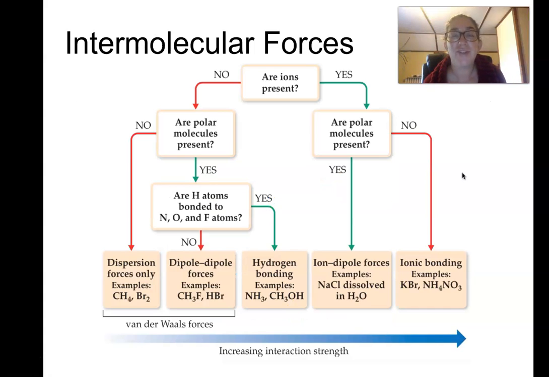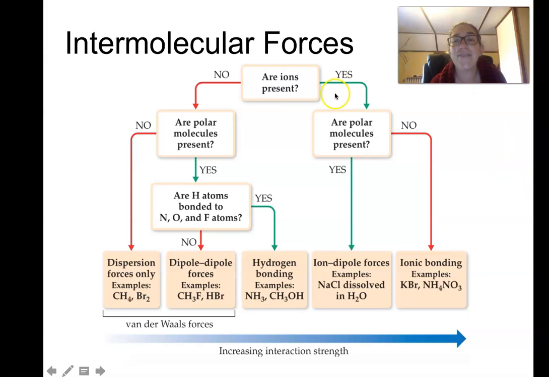So when you have a question and you're given a molecule and you're asked what types of intermolecular forces does it have, this is a great flow chart to use. So the first thing that you want to ask is, are there any ions present? Is there an ionic compound like sodium chloride, or are there ions like sodium ions present?